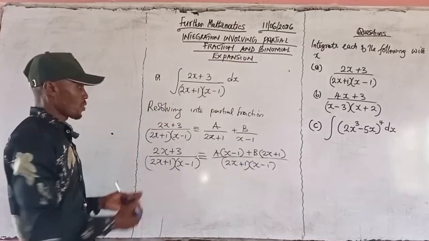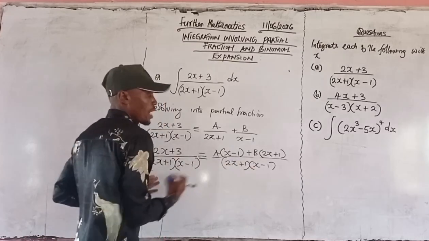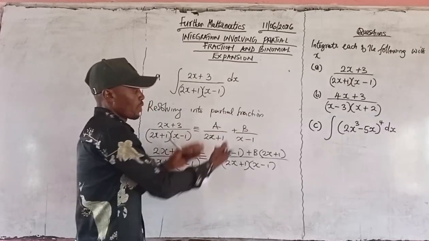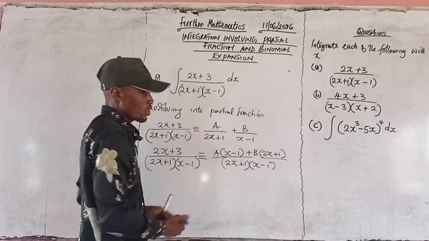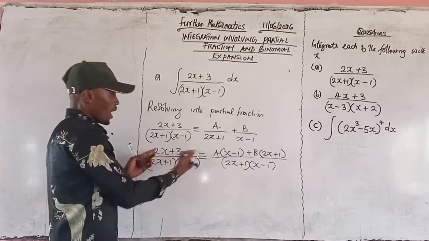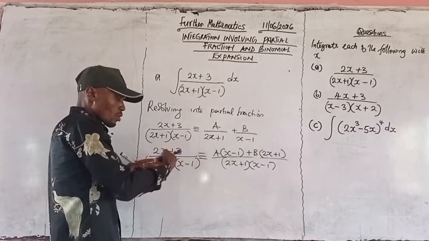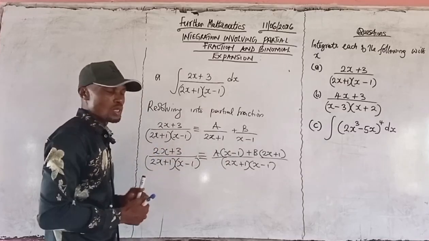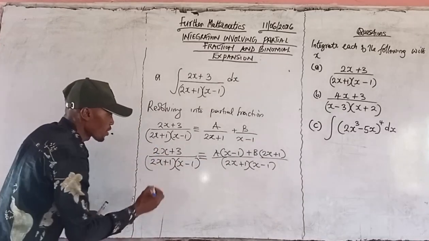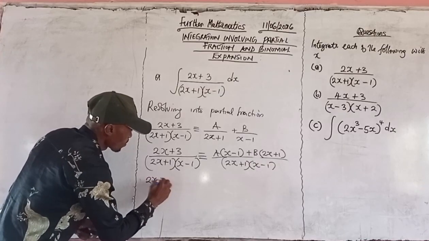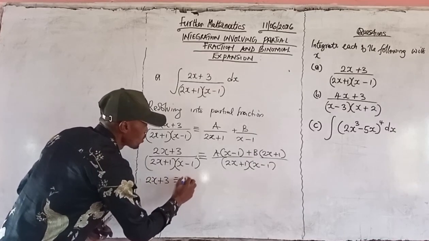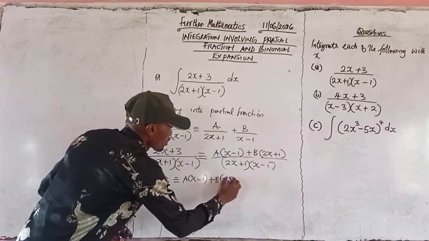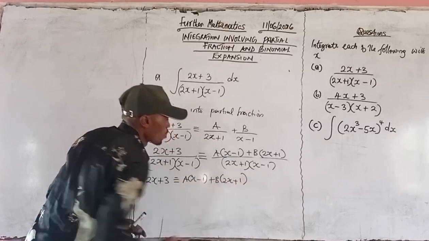As you can see, since the denominators are now equal by the normal way of combining fractions, we can go ahead and use the comparing coefficient method to solve for A and B. We can therefore say that 2x plus 3 is equivalent to A(x minus 1) plus B(2x plus 1).